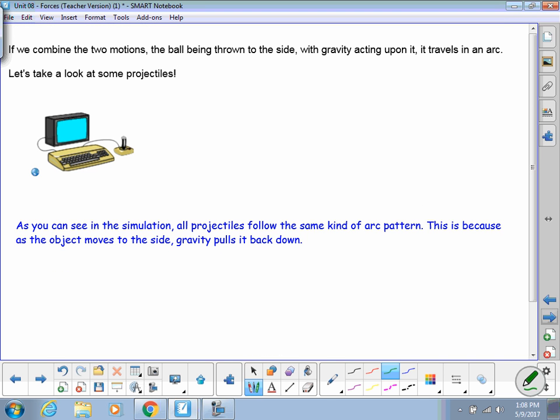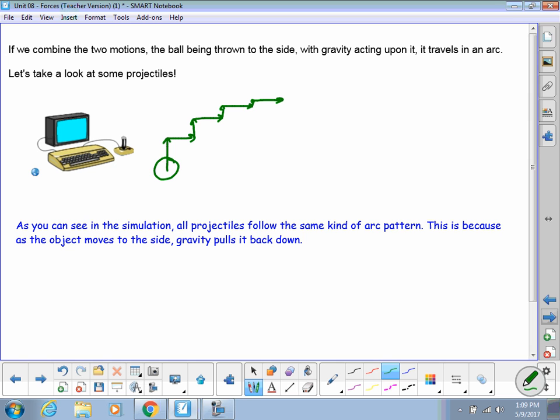If we combine those two motions, though, what do we get? So let's say we have the ball, and as it goes up, it goes over a little bit. And then it goes up just a little bit more, and it goes over a little bit. And then a little bit up, because it's slowing down as it goes up, until eventually it reaches some peak.